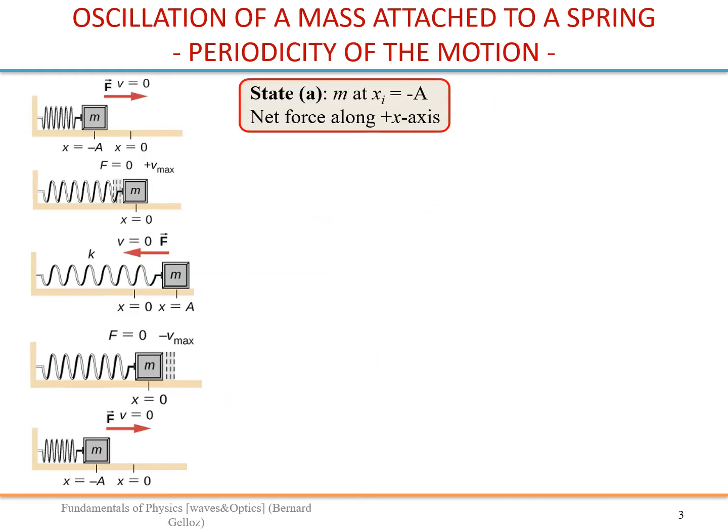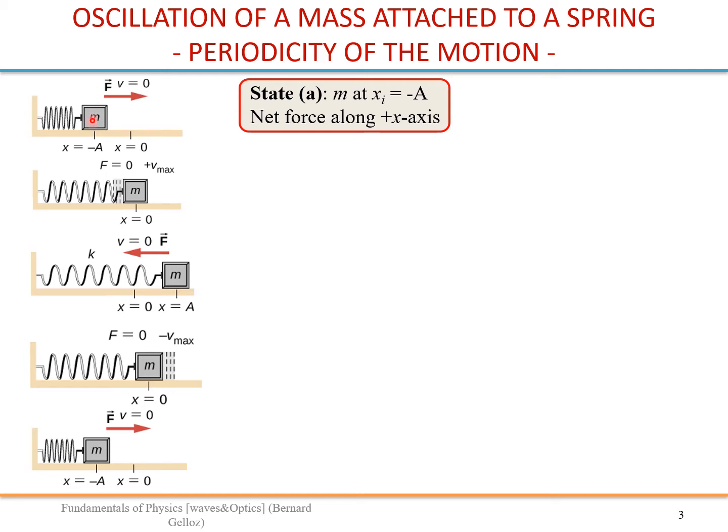Alright, so let's look at what happens to a mass spring system. Let's say our system is now in the situation on top. x equals 0 is here, so it corresponds to when the system is at rest. And now the mass is at x equals minus A, and the speed is 0.